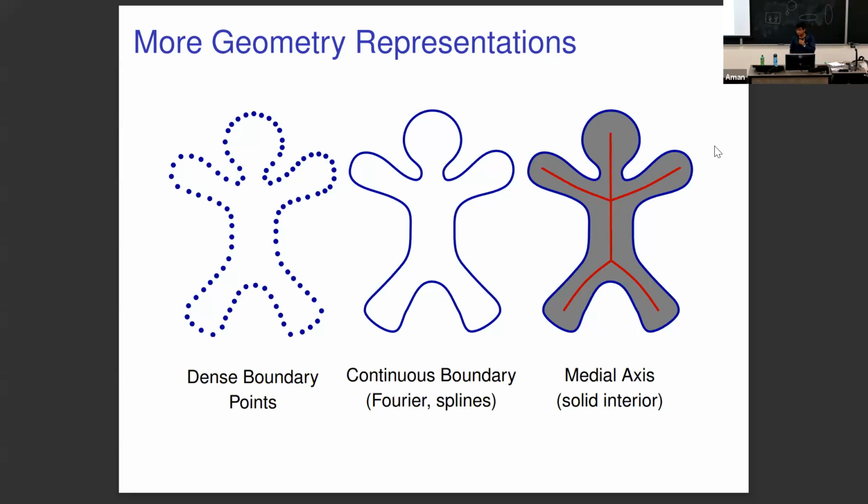Okay. Similarly, we also have another geometric representation where, instead of the continuous boundary of the object, you have a medial axis, which represents the orientation or the position of the body. Like in the human key point detection problem that we discussed, you don't really segment the body out completely.